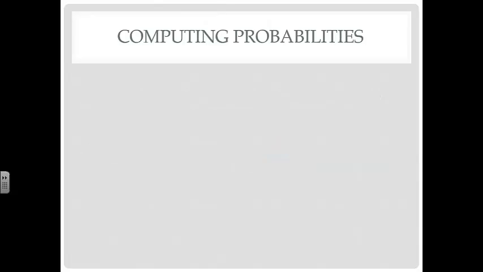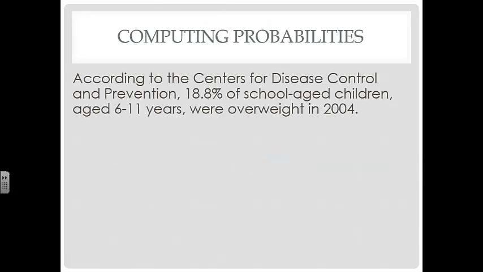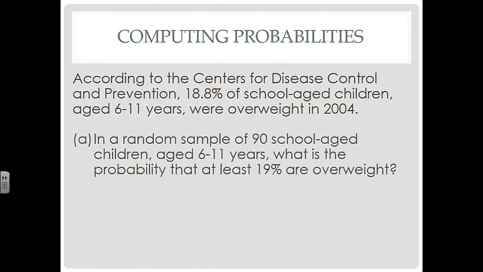So now let's compute some probabilities. 18.8% of school-aged children were overweight in 2004. So in a simple random sample of 90 school-aged children, aged 6 to 11 years old, what is the probability that at least 19% are overweight?